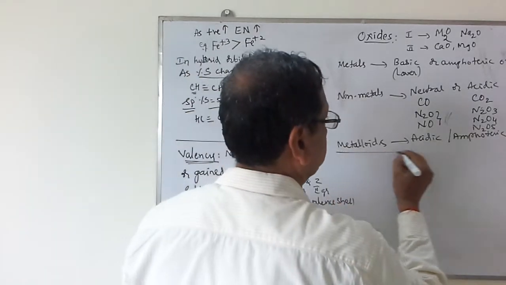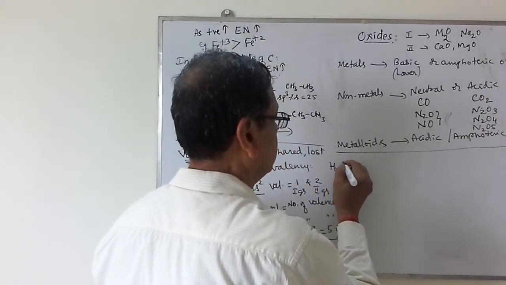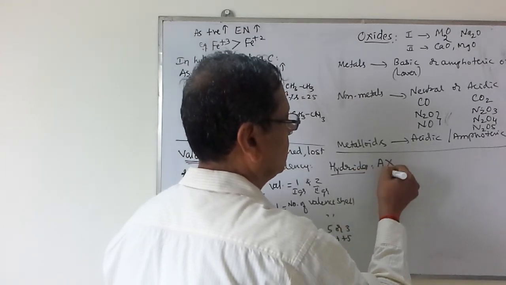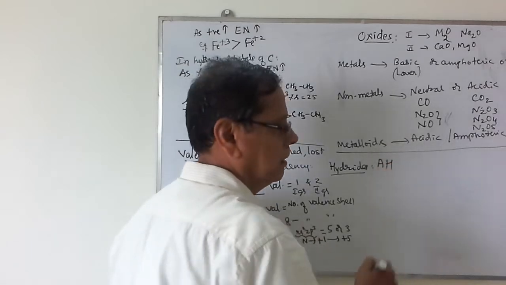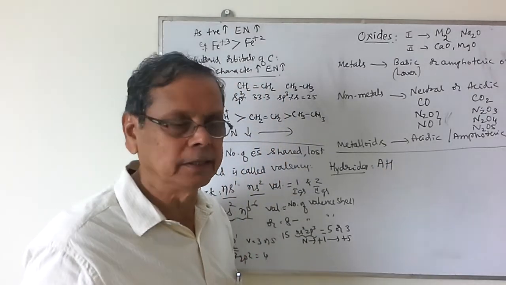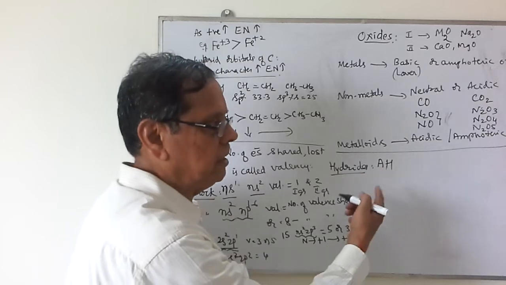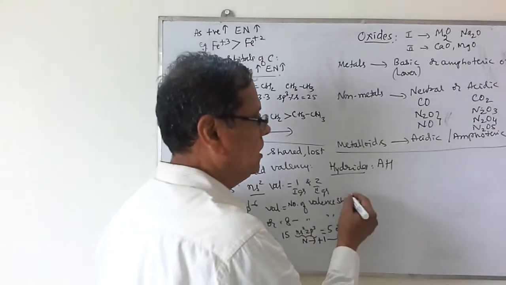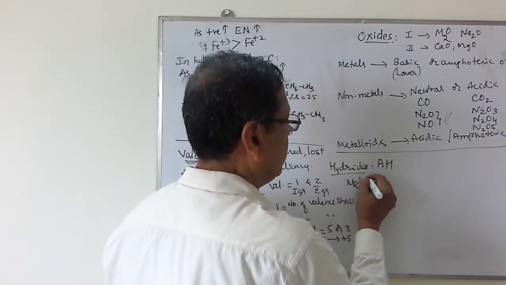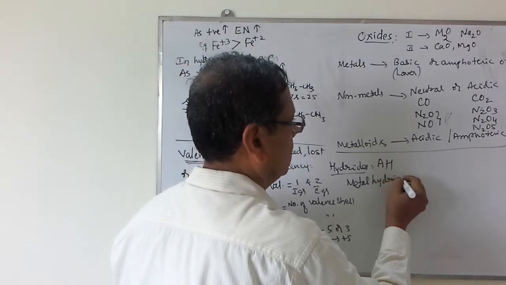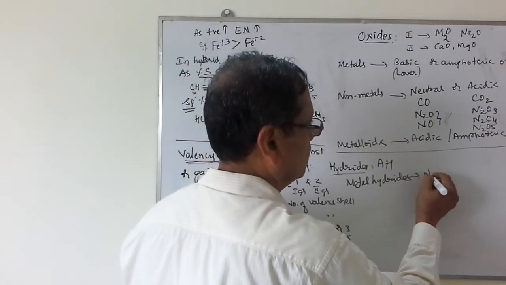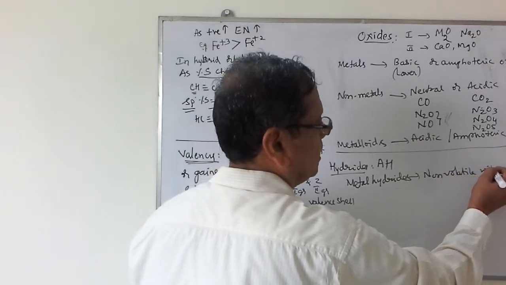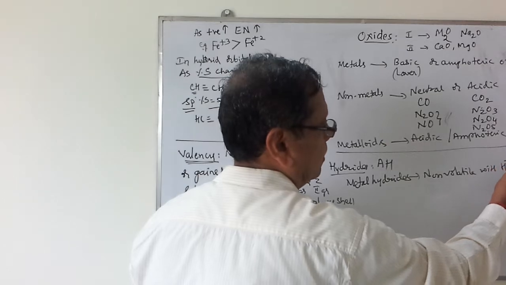The next topic is hydrides. When an element combines with hydrogen, it forms a binary compound. A binary compound should contain only 2 elements. When we consider an element A with hydrogen, it is called a hydride. When you consider metals, the metal hydrides are non-volatile, with hydrogen as the anion.